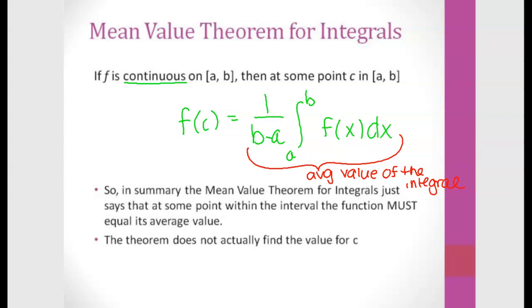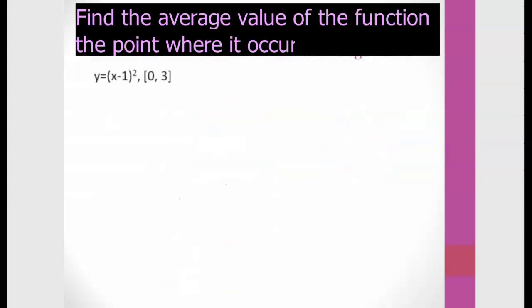Okay, so another example. Find the average value of the function and the point at where it occurs. Integral from 0 to 3 of x minus 1 squared dx.